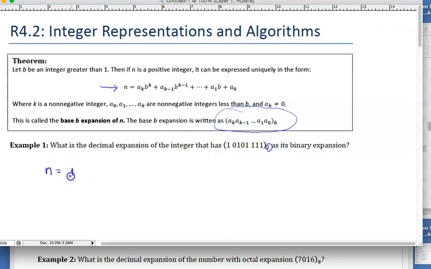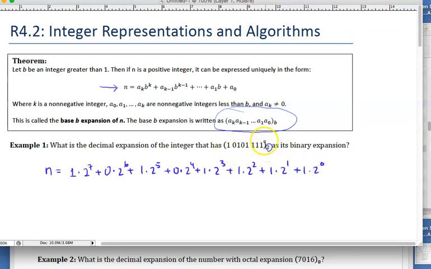So this means it's 1 times 2 to the 7 plus 0 times 2 to the 6 plus 1 times 2 to the 5 plus 0 times 2 to the 4, 1 times 2 to the 3, 1 times 2 to the 2, 1 times 2 to the 1, and 1 times 2 to the 0.